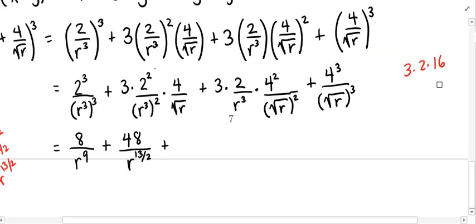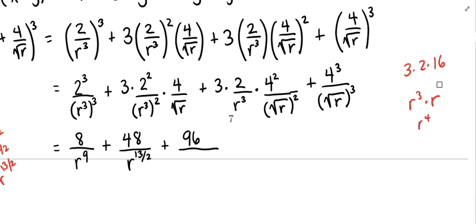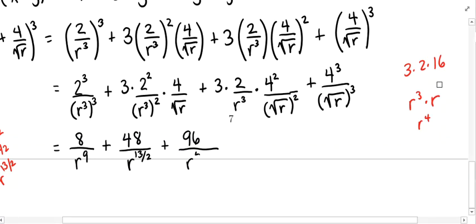So this is going to be plus 96 in the numerator. Let's try the bottom here. The bottom is going to be r cubed times, you're multiplying by the square root of r squared. The square and the square root cancel and leave you with just r. So it's going to be r cubed times r, which is r to the 4th. So the bottom is going to be r to the 4th.